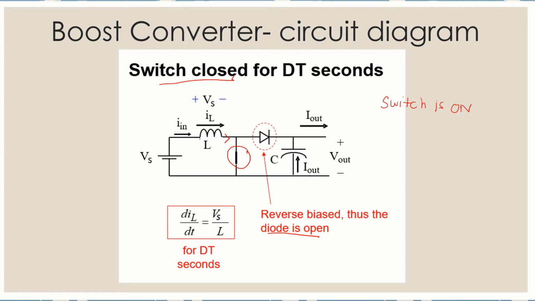So let's draw the circuit again. You have your Vs, your supply here, and you have your inductor here. The switch now becomes a short circuit, so you just draw a straight line.